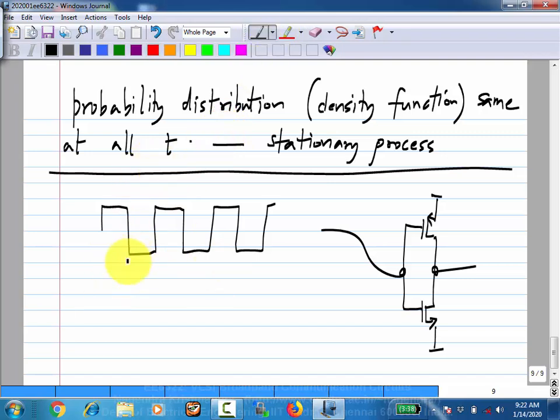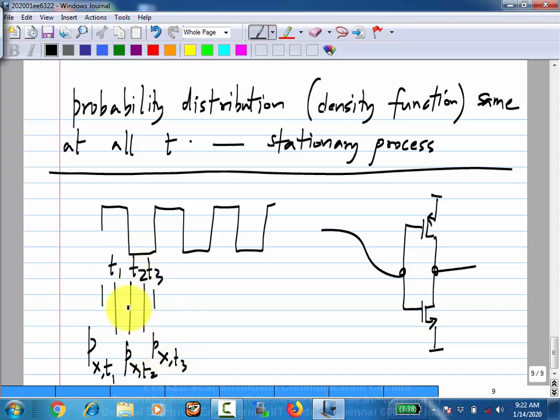So basically within this period, you plot the distribution here, you get something which is related to this T1, and then at T2 you get a different function. And at T3 you will get a different function and so on. Once the period is over, the same pattern repeats.